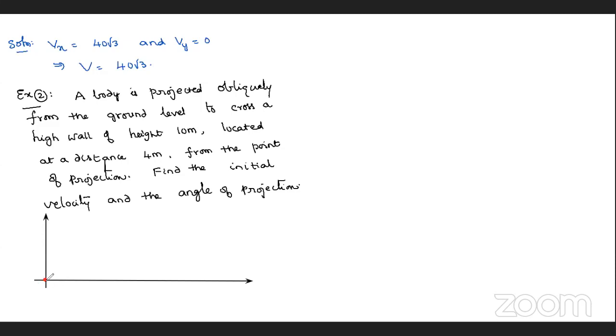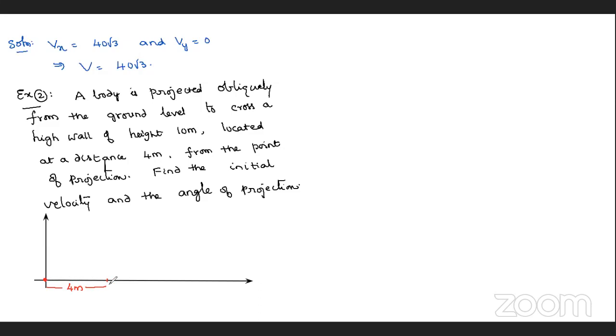So here a wall is located at a distance of 4 meters, means this is given as 4. First, did you understand this step, all of you? Wall is located at a distance of 4 meters from the point of projection.